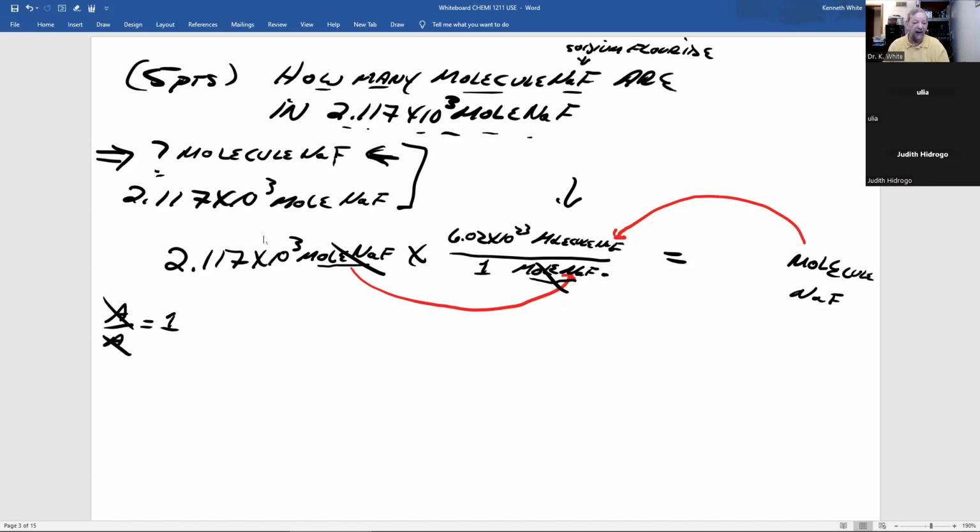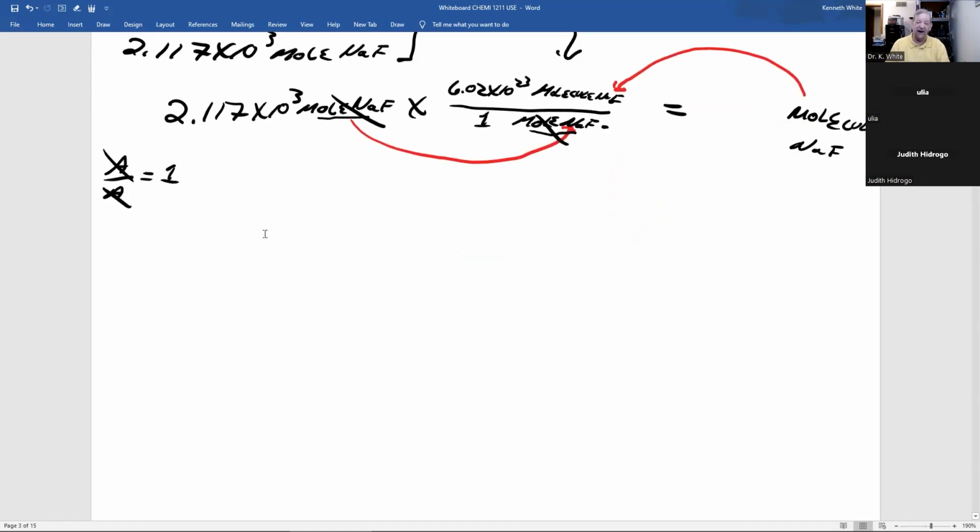Molecules of sodium fluoride. Is that what I want? Yes, so I'm on the right track. By the way, if you just wrote everything you see on the screen and didn't put an answer down, I'd still give you 4 points. Maybe your calculator died or something, because you showed me you know how to do it, you just didn't finish it. But my calculator works, so I'm going to finish it.